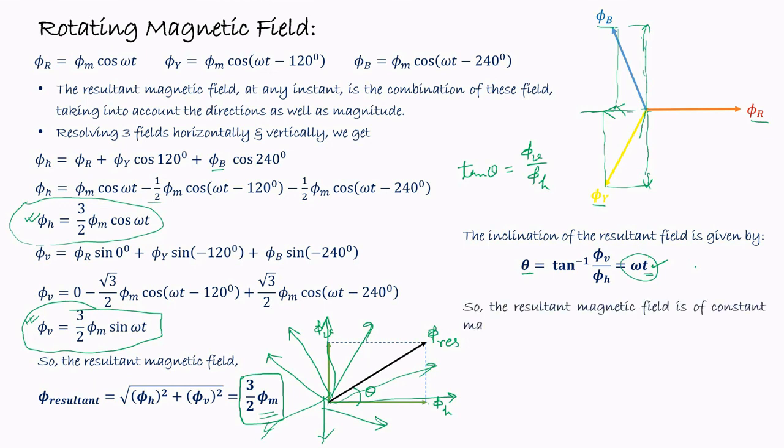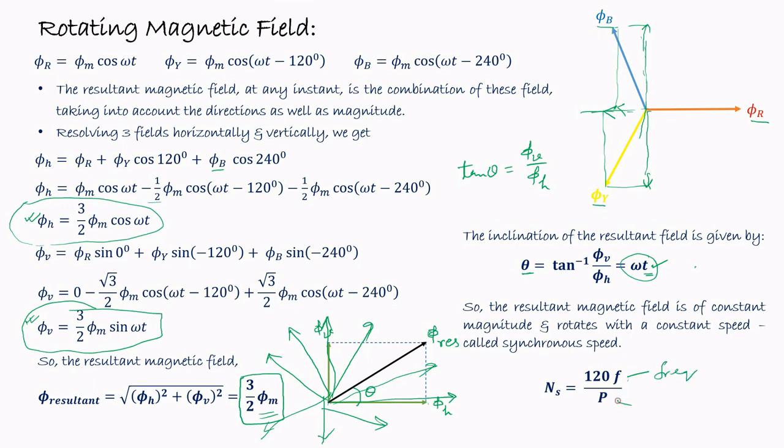The resultant magnetic field rotates with a constant speed, which is called the synchronous speed, and it is represented by ns, that is 120 f upon p, where f is the supply frequency and p is the number of poles in the stator.